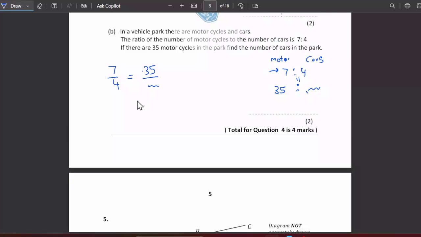Then let's take this as x. 7x equals 35 times 4. 35 times 2 is 70 and 140 we can put. Okay, now to get rid of this 7, divide both sides by 7. So x equals 20.